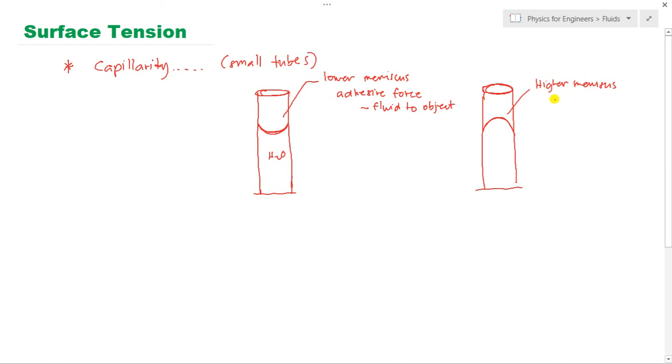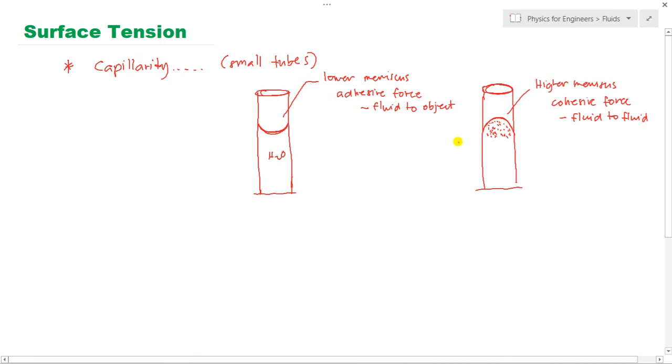So meaning what is strong here is the cohesive force. Okay, the cohesive force is fluid to fluid interaction. Meaning the molecules of the fluid cling more strongly to each other, so it is more cohesive. So cohesive is the force of attraction among the fluid molecules, whereas adhesive is the force of interaction between the fluid and the object it clings to. So that is the difference between lower meniscus and higher meniscus.